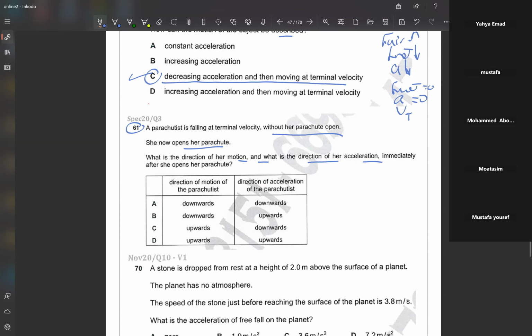B. Right, because he's still moving downward, he's still falling, so the direction of motion is downward. And as he opened the parachute, as I said, acceleration will be upward. So now he starts to decelerate. So B is correct. Thank you, Mu'tasim.